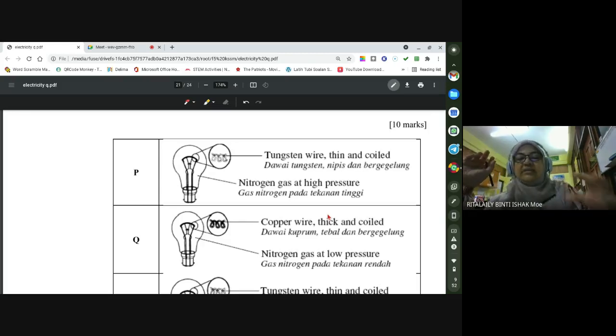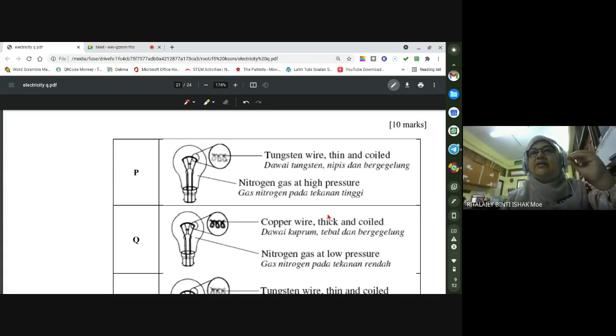So as I've told you before, this is a filament bulb. For a filament bulb, when current flows through the wire, if the resistance is high, the electrical energy that flows through the wire will be converted to heat because the resistance is high.